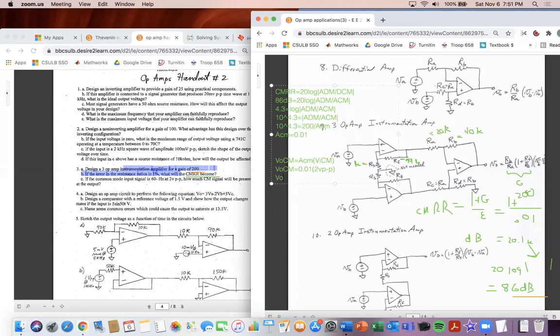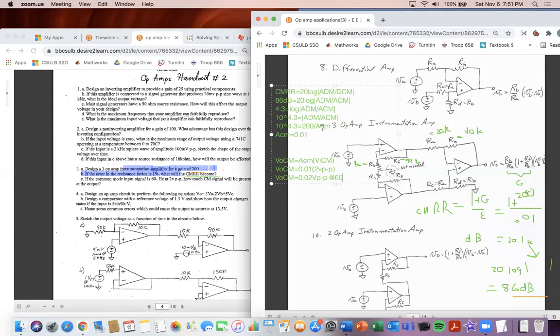Therefore, the voltage output by the common mode is going to be equal to 0.02 volts peak to peak. And so that helped reduce the number. So you can see the common mode got smaller. That's what we want.